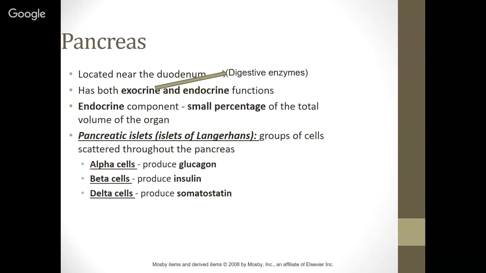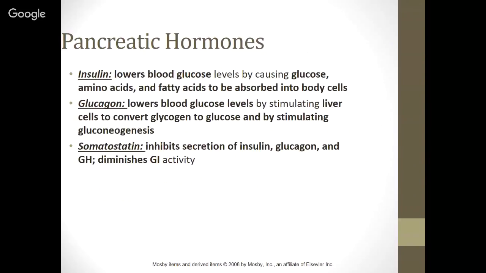It's important to know where these cells are located because if anything happens to the pancreas, it can damage not only the exocrine function but also the endocrine function. This is why an animal with pancreatitis or chronic pancreatitis very often turns into an animal with diabetes mellitus.